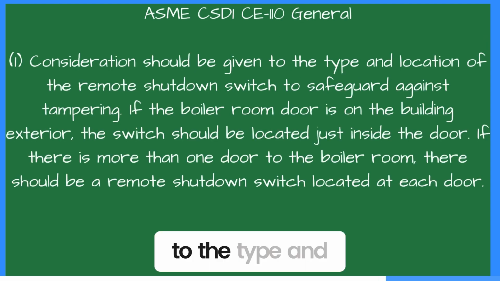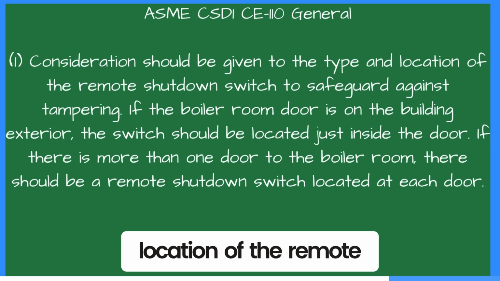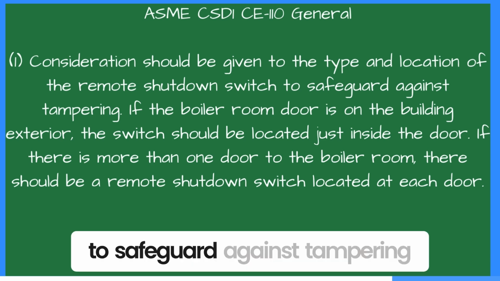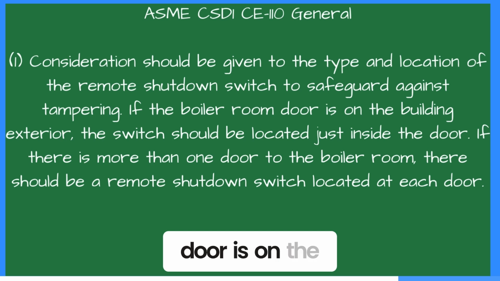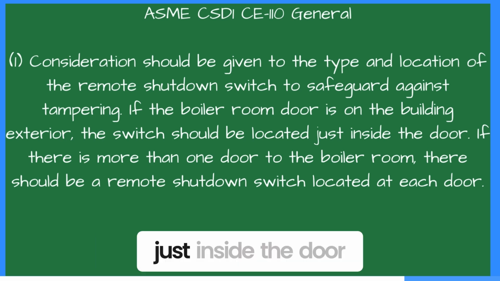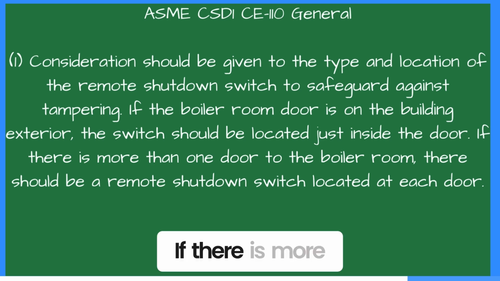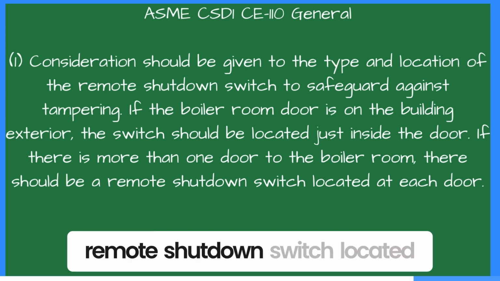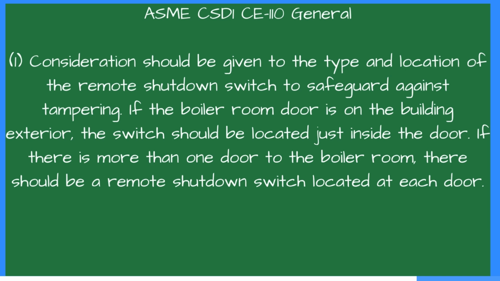Consideration should be given to the type and location of the remote shutdown switch to safeguard against tampering. If the boiler room door is on the building exterior, the switch should be located just inside the door. If there is more than one door to the boiler room, there should be a remote shutdown switch located at each door.